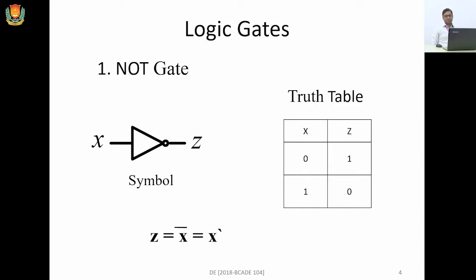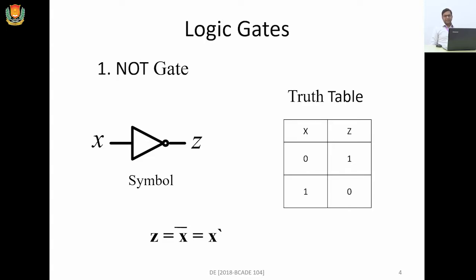The Boolean expression for the logic gate is Z equals X bar, or Z equals X prime. X bar represents the complement in Boolean algebra. Complement means in binary, 0 complement is equal to 1, and 1 complement is equal to 0.